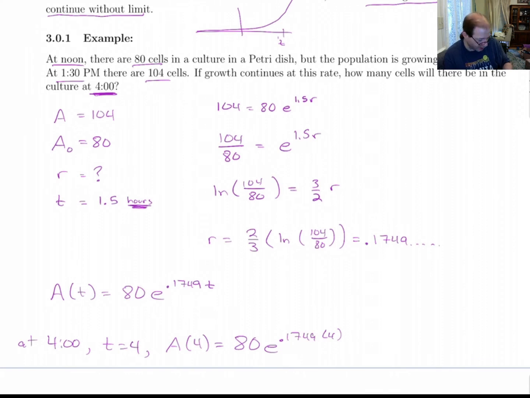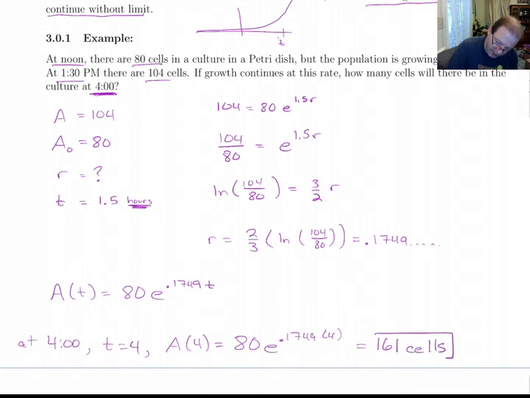So I'm going to do 80 e raised to the answer, because my previous answer was the r value, times 4 gives me 161.04, etc. But this is a number of cells, so they only come in whole numbers, so I'm going to round to the nearest whole number here.